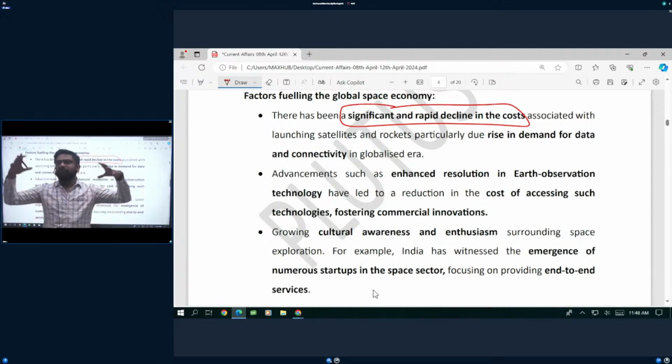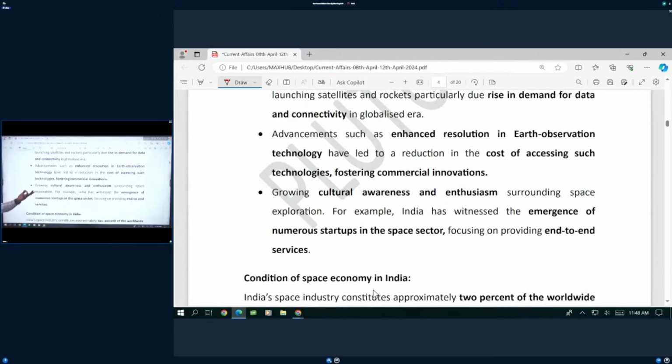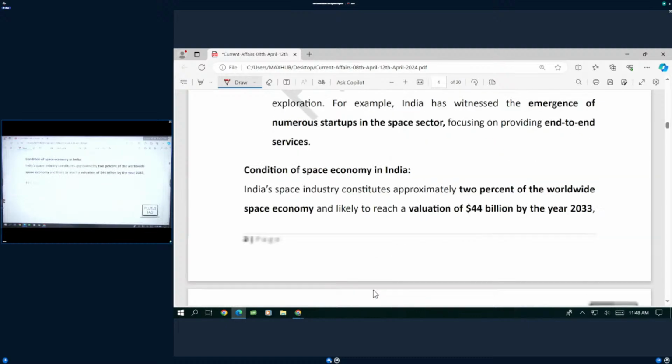If you do something on a vast scale, it often becomes cheaper. That's why the products made by big companies are cheaper and the products made by small companies are costlier, because there is a sharing of resources. So the more we are involved in the space race, the more it is becoming cheaper. And plus we know we need more technology, whatever. अब conditions देख लेते हैं.